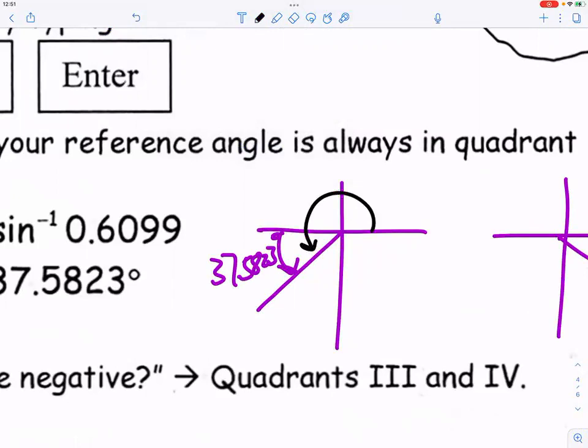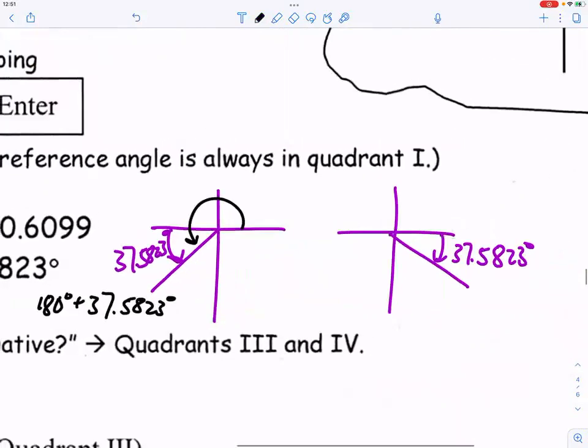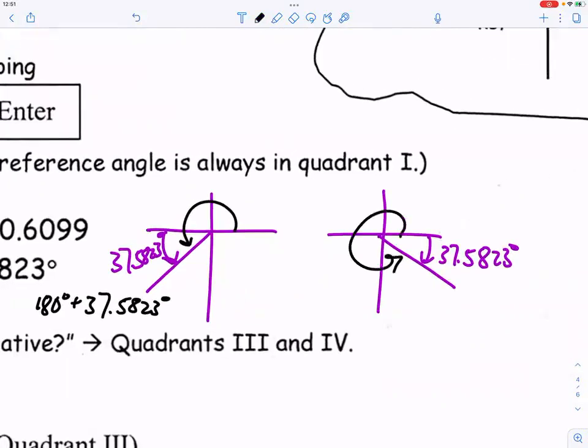You do 180 plus, right? I hope that's common sense. And how do you find this angle right here? What would you do? 360 minus.